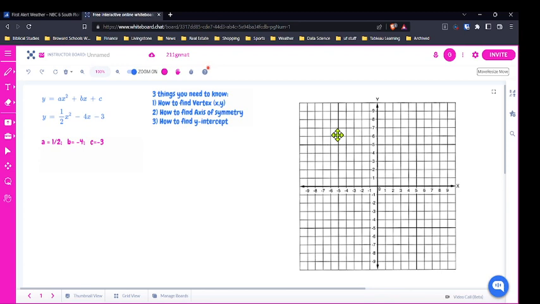And three, how to find the y-intercept from the specific standard form equation. It's a different process than when you were using vertex form. We're going to get to that in a second. So just take a pause and look at how I matched up a, b, and c with their corresponding numbers.